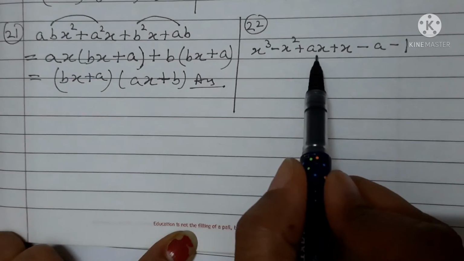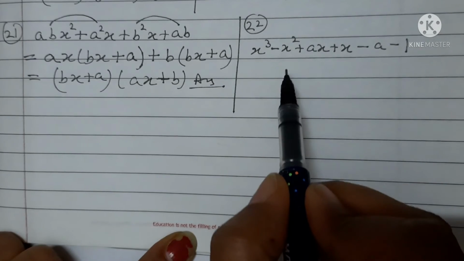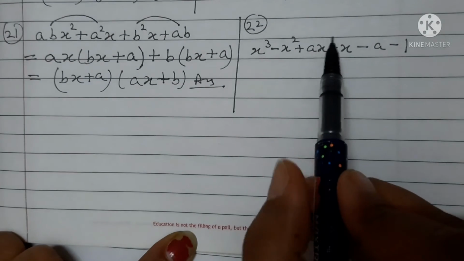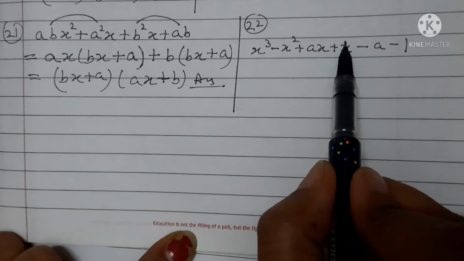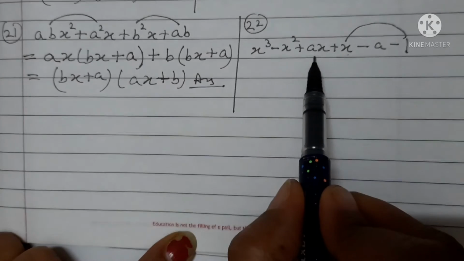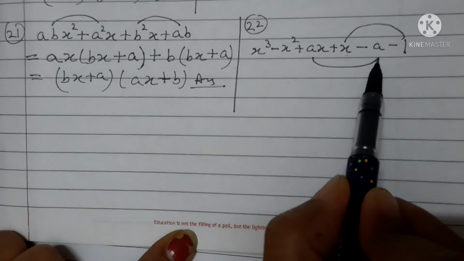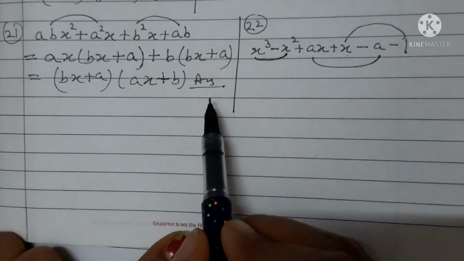So these are not fit. So here x minus 1. So choose the group so that x minus 1 appears, taking these two together, and here ax and minus a together, and this together.